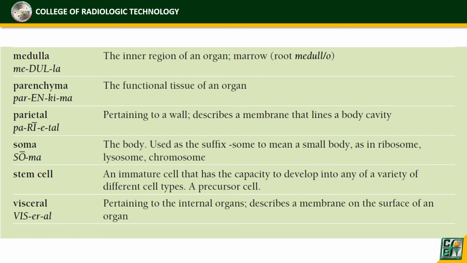On the other hand, it is described as a membrane that lines the surface of an internal organ. So visceral, as in visceral pleura. The visceral pleura is a membrane that lines the surface of the lungs.